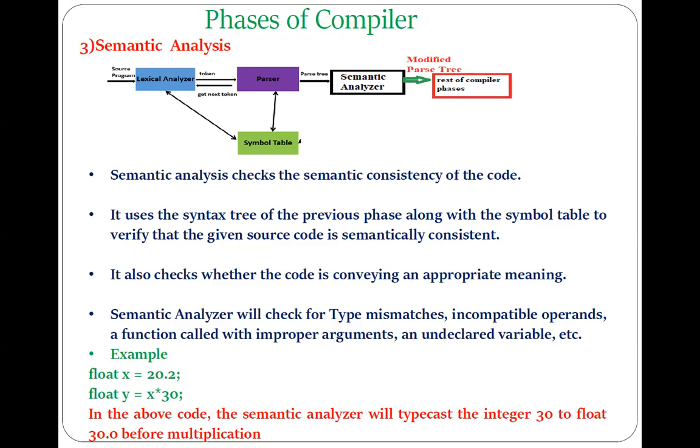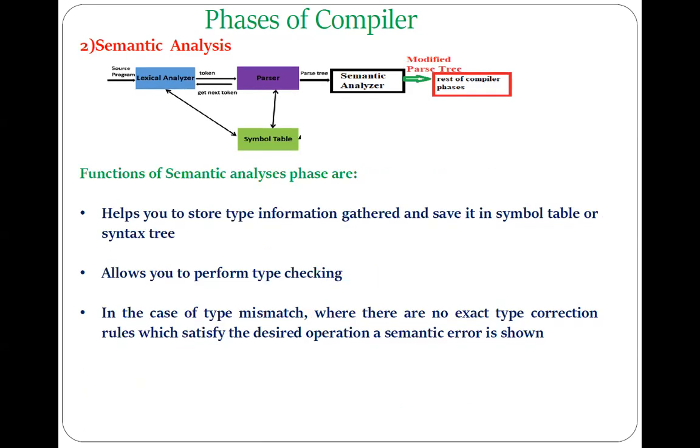This is done by the semantic analyzer phase of the compiler. The semantic analyzer gathers different information, does type checking, detects mismatches of variable types and the different things we have discussed, and accordingly shows you the semantic error.